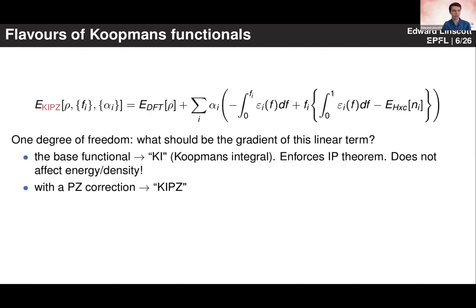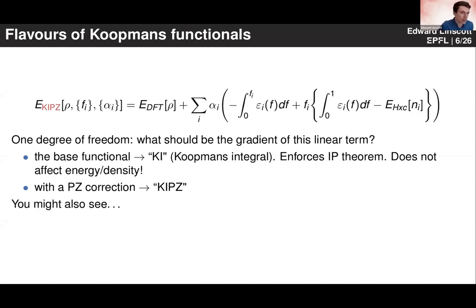And this means that the functional is exact for one electron systems. And now in this scheme, the total energy does change with respect to the base functional. And so you get different total energies, different densities. And so generally, this is a more expensive approach because we need to care about updating the total density with respect to our base functional.